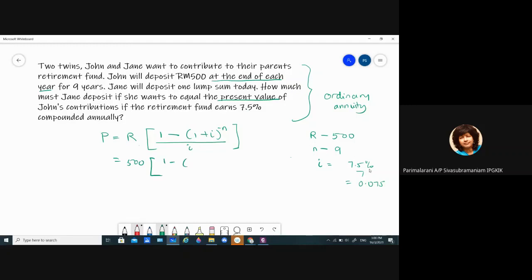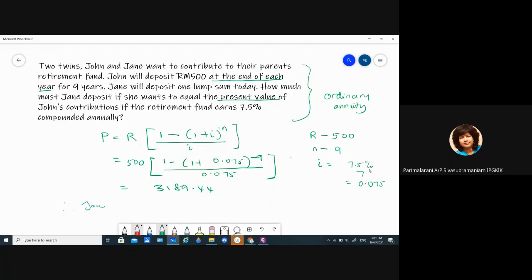We have 1 minus 1 plus 0.075 to the power of negative 9, over 0.075. This will give us 3189.44.